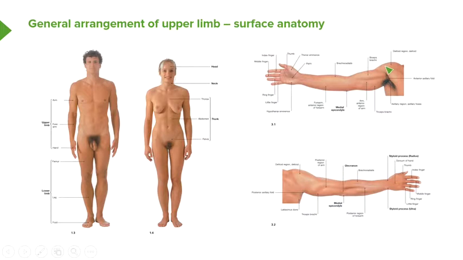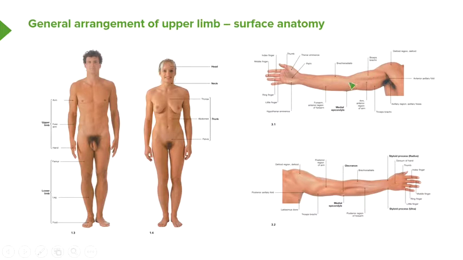We then pass down distally towards the elbow, and between the elbow and the shoulder we have the arm. We can see a groove here that is separating biceps brachii and triceps brachii, and a nice little cleft is where you can palpate the brachial artery. So some important surface landmarks here.